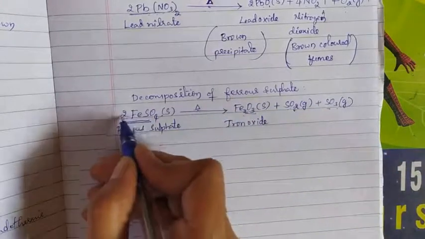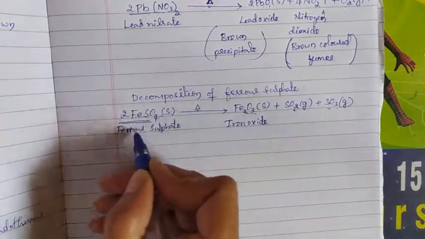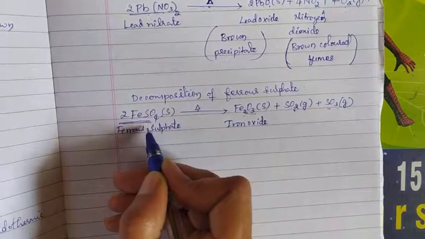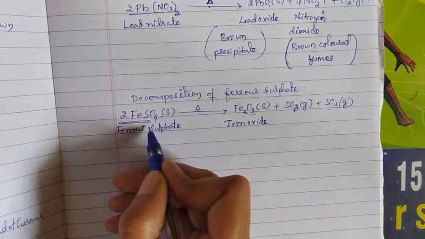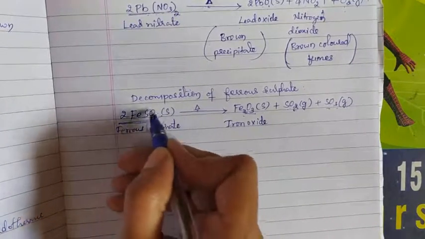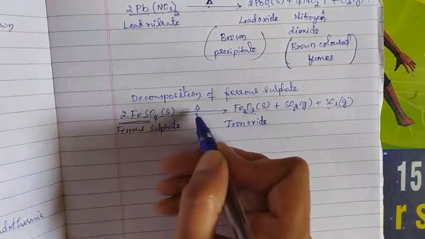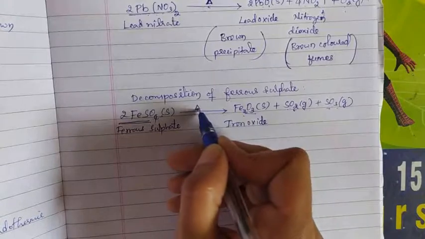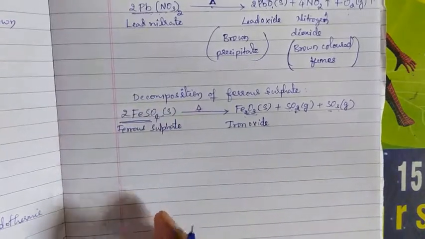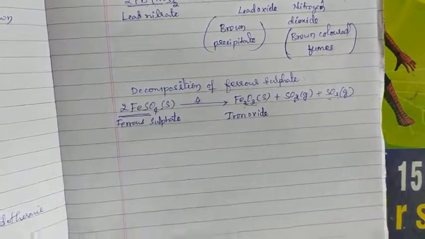Therefore it is also an example of the thermal decomposition reaction, because here decomposition of ferrous sulfate takes place due to the absorption of heat energy.